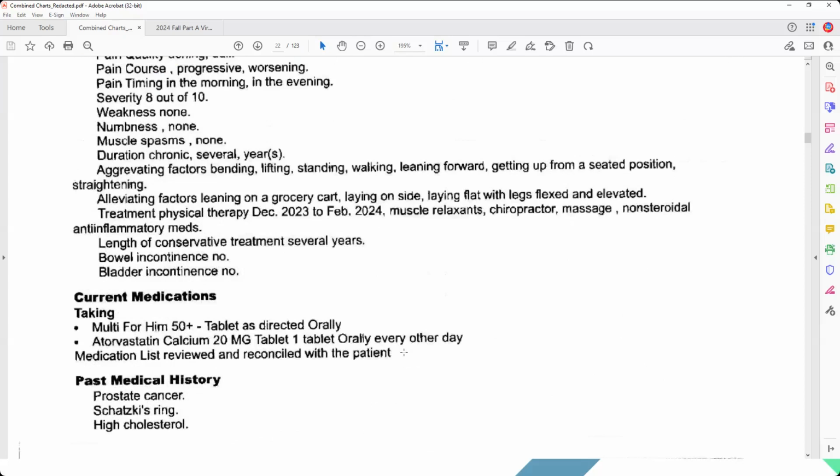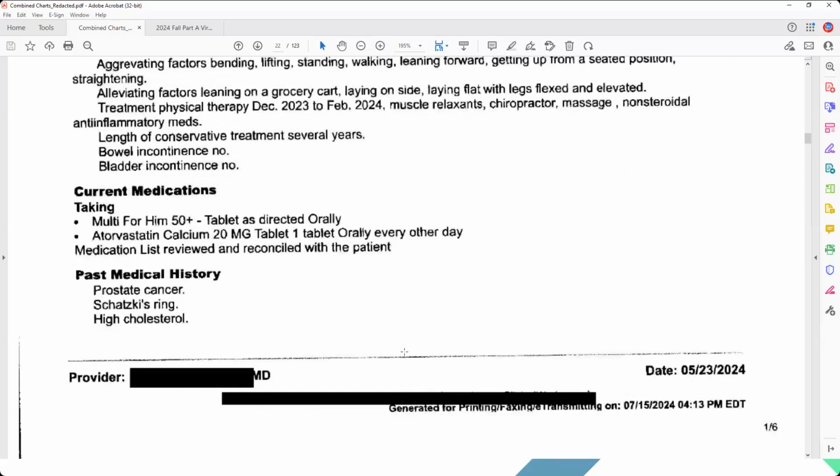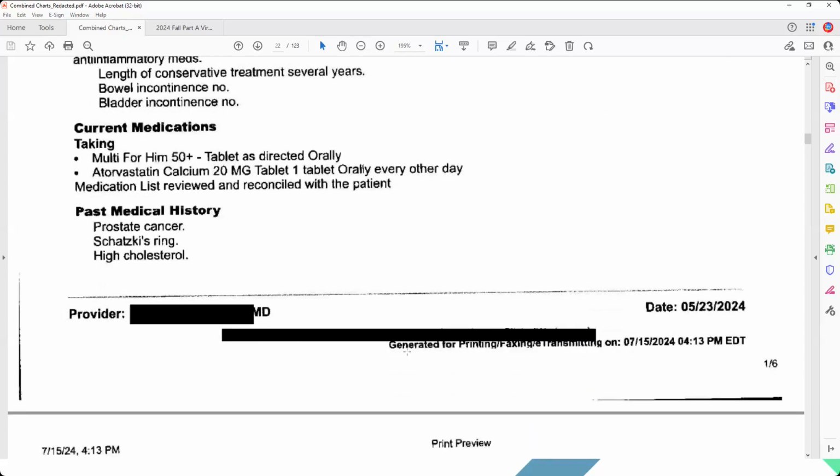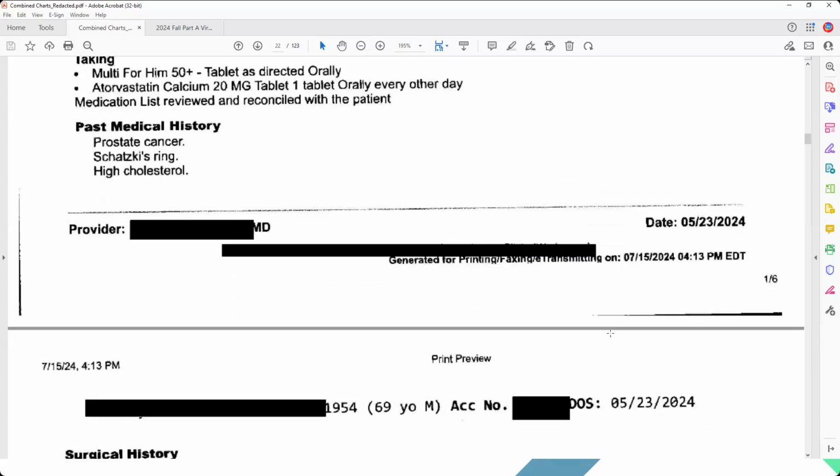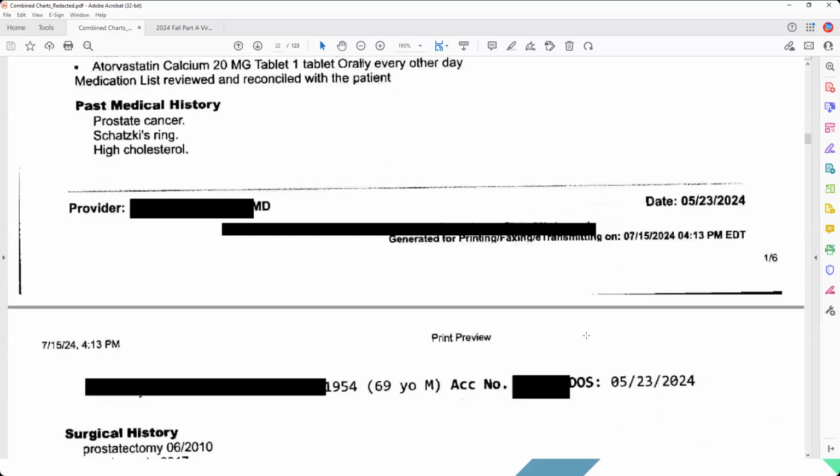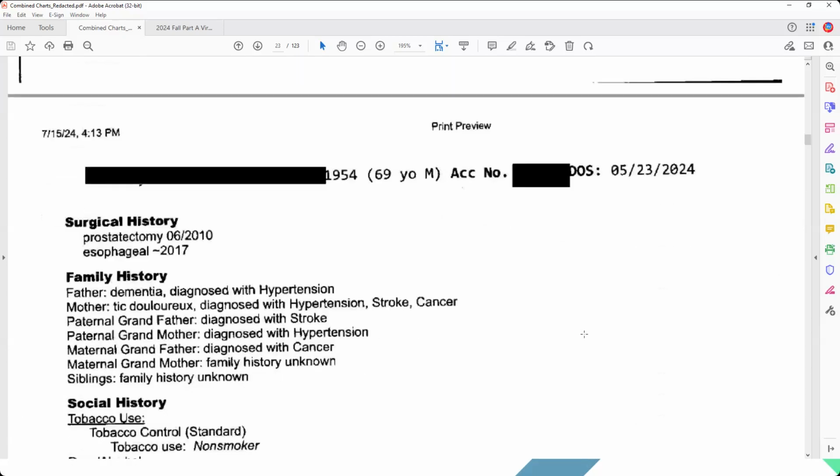So again, we don't know if the balance and gait disturbances are from the lumbar issue or from the cervical spine issue. So those are other things that are noted. We looked at alleviating factors in that HPI, so leaning on the grocery cart, or laying flat, legs flexed and elevated. So they did do some PT, muscle relaxants, et cetera.